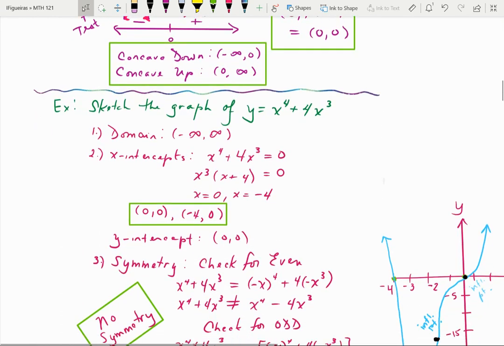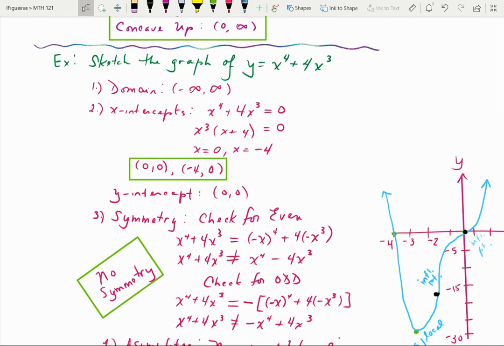I want to sketch the graph of y equals x to the fourth plus 4x cubed. And again, if you remember your pre-calc, this time I have an even degree, leading coefficient that's positive. So to the left, the graph should be going upward, and to the right, the graph should be going upward.